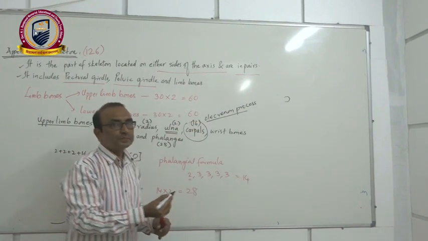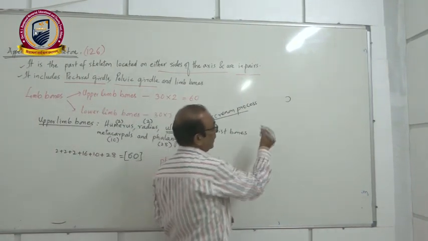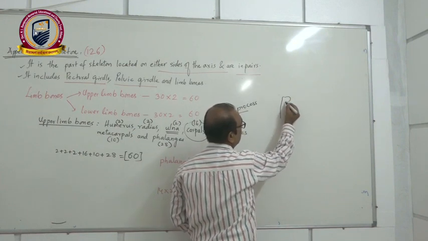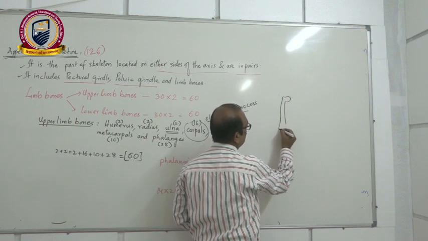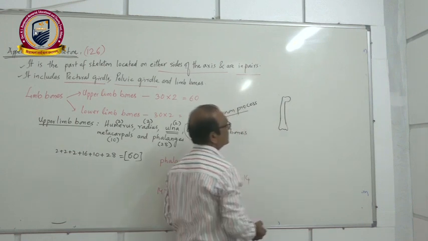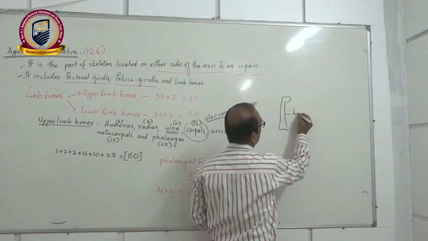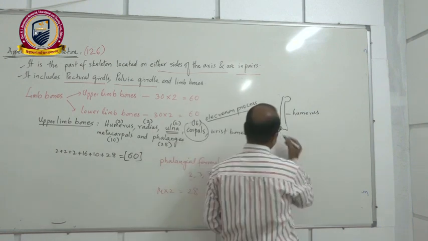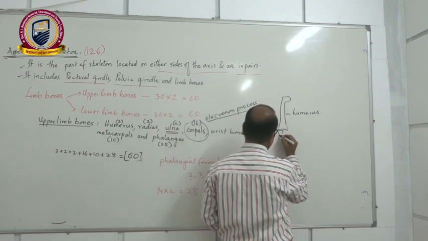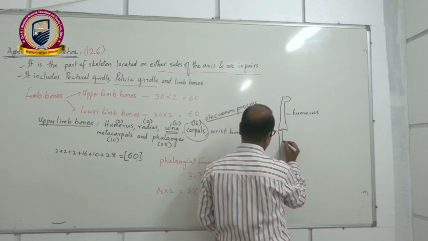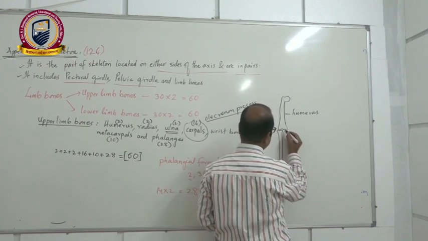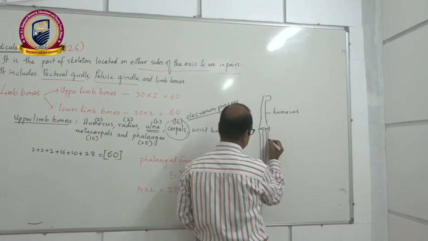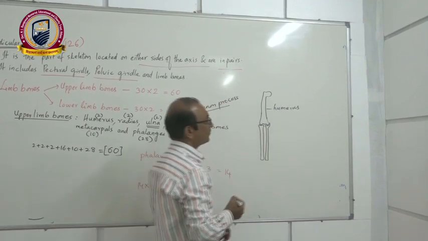So here the head of the humerus is like this, and this is the humerus we call, and attached to this we have radius and ulna.